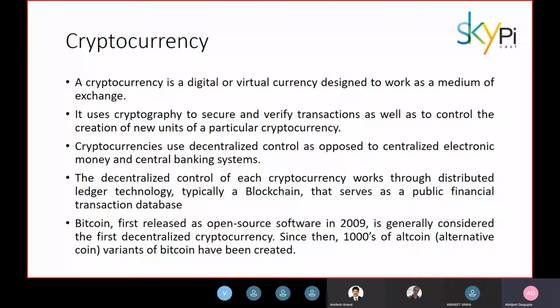Bitcoin was created or developed by a pseudo-anonymous person or a group of persons named Satoshi. It is not very much known whether he is a pseudo avatar or a real person, but let's not get into that.